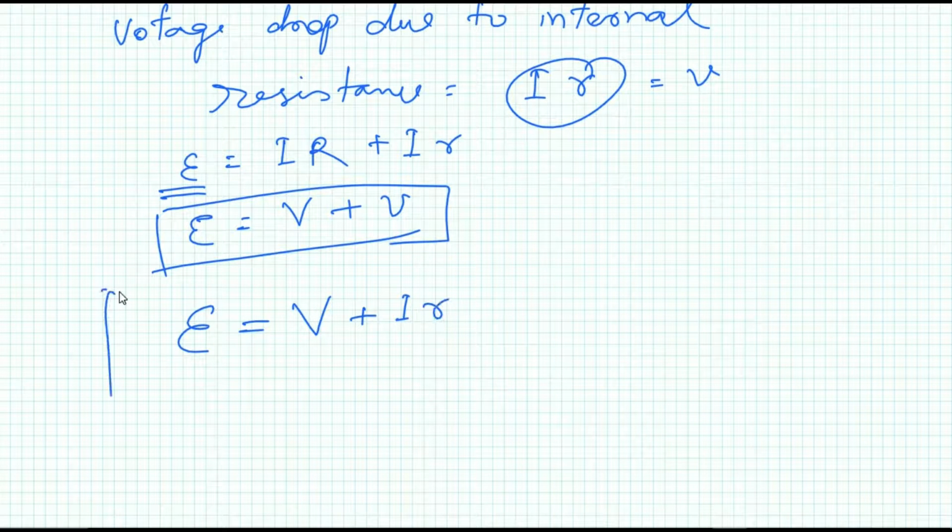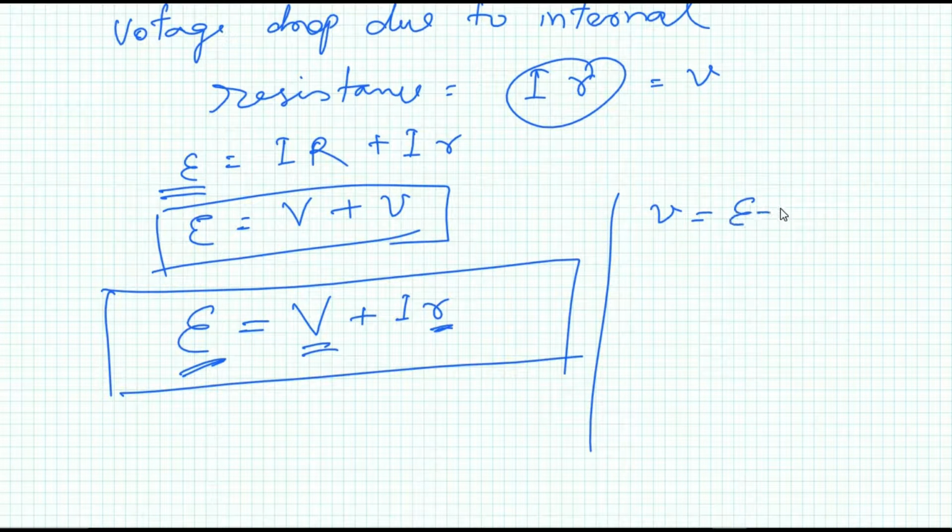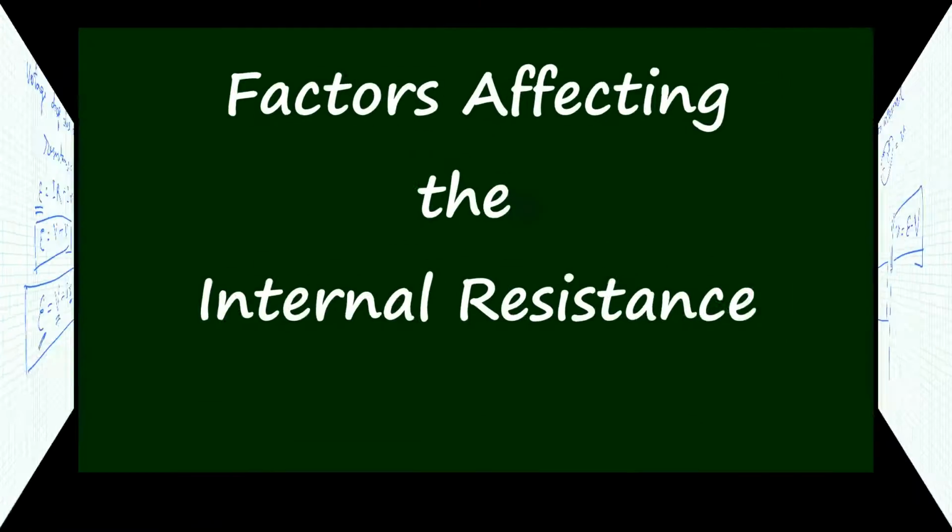So this is the relation between the EMF of the cell, terminal voltage and resistance of the cell, right? We can determine the internal voltage drop of the cell like this: small v equal to epsilon minus capital V. So this is the internal drop inside the cell.